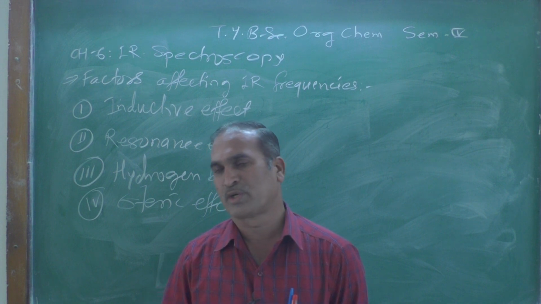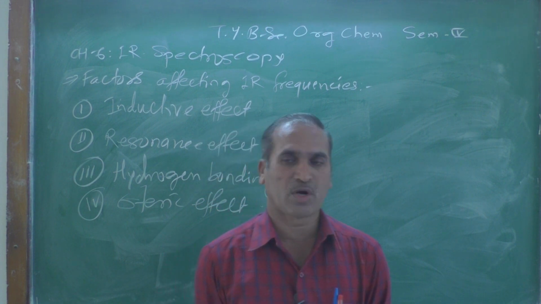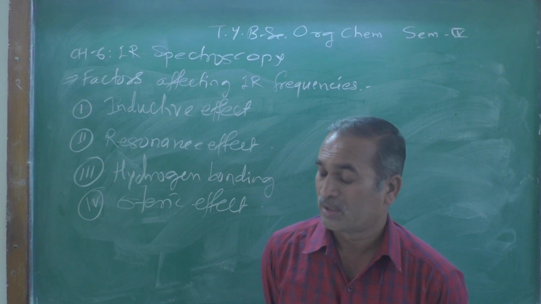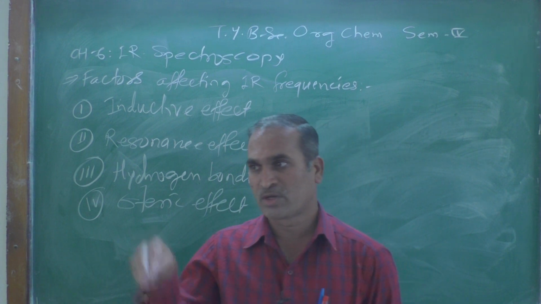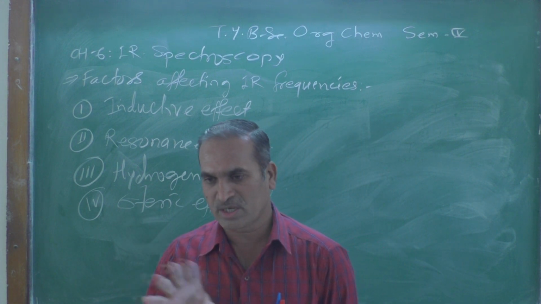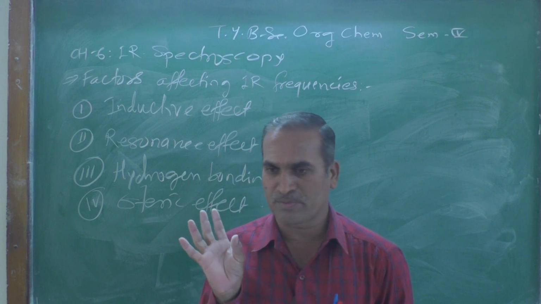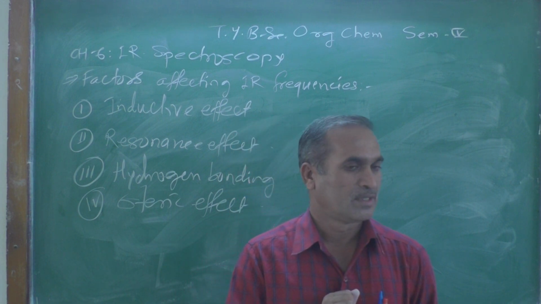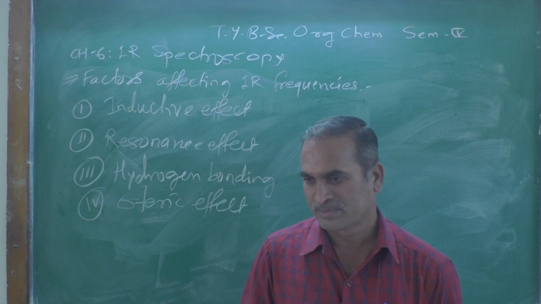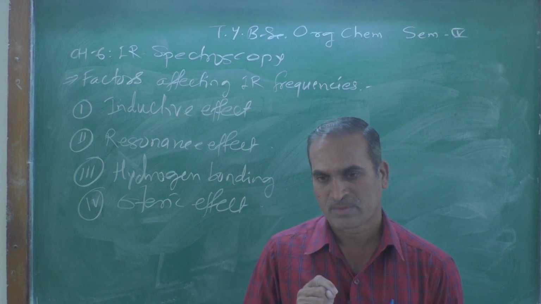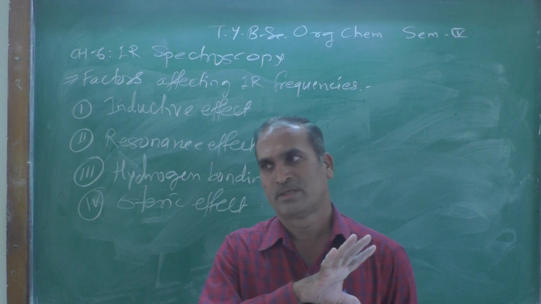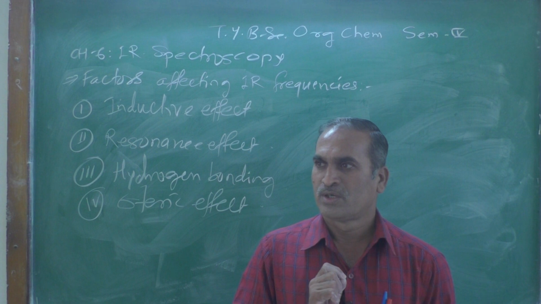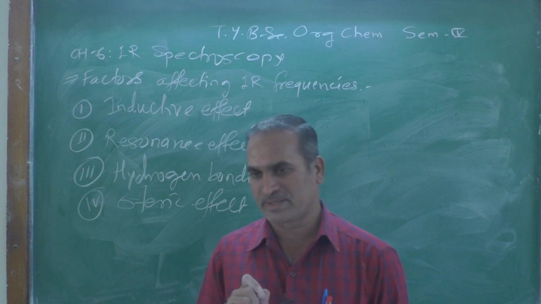Now, hydrogen bonding. We know the essential condition for hydrogen bonding: a hydrogen atom must be on one side, and on the other side, if you remember the long form of the periodic table, there are 118 elements present.